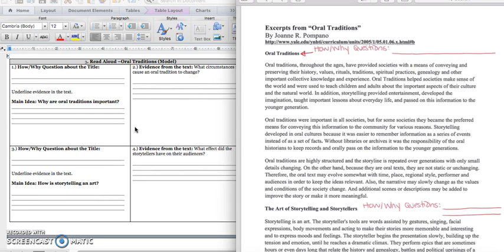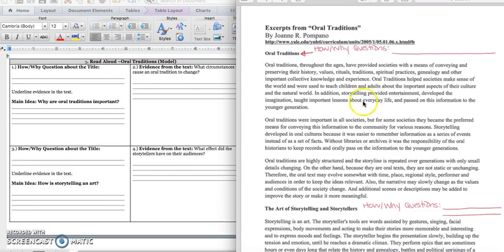And so if I'm going through, I notice that the author kind of repeats herself in these two paragraphs. And so those things that she's repeating, that's what I'm going to put into my main idea. So it talks about how oral traditions are for the community and for preserving the history and life lessons.